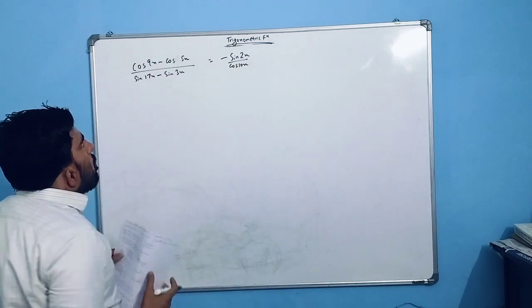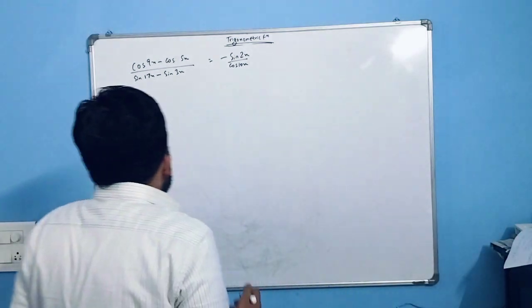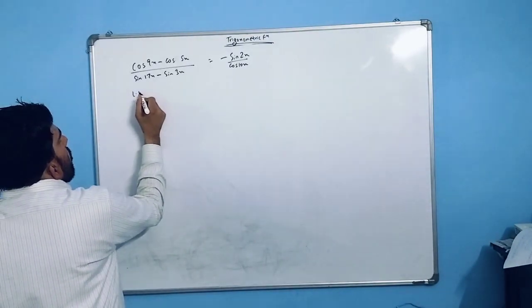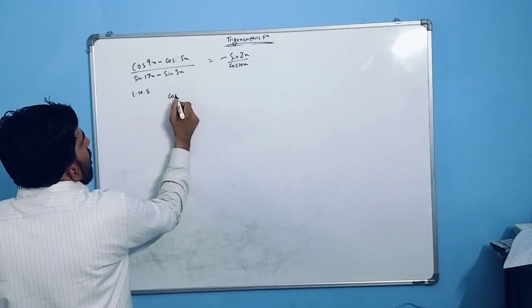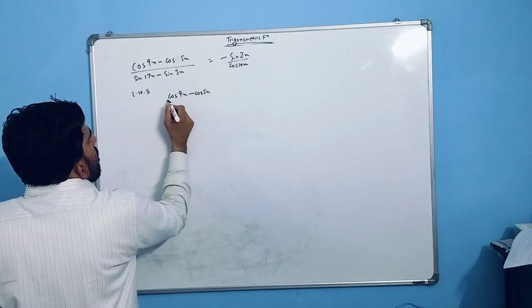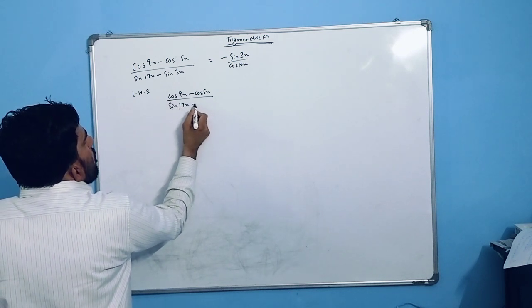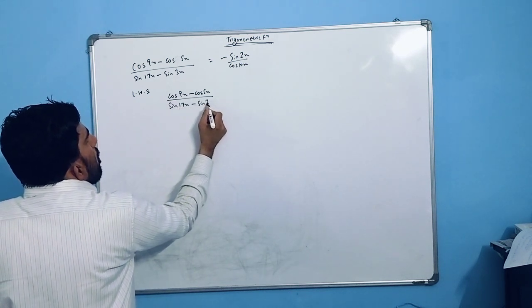Okay, this is what we need to prove. First we'll take the LHS, that is cos 9x minus cos 5x upon sin 17x minus sin 3x.